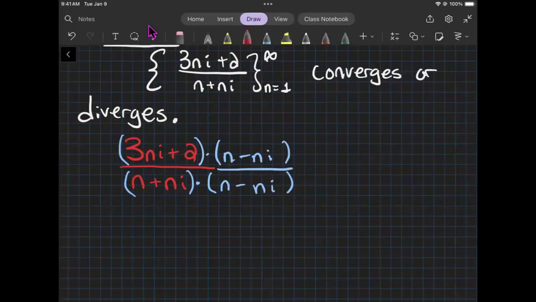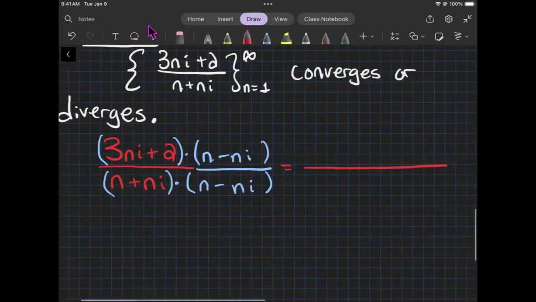Okay. And so this should equal, in the denominator, n squared minus n squared i squared, that's another plus n squared. And the numerator will have 3n squared times i.